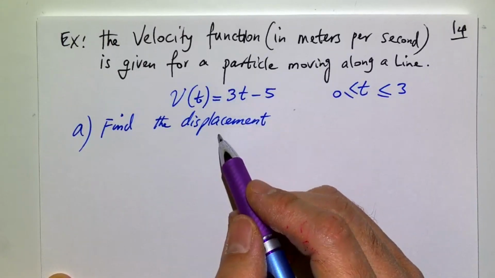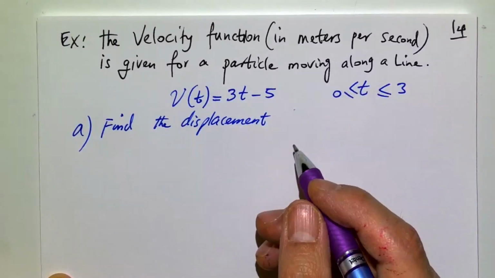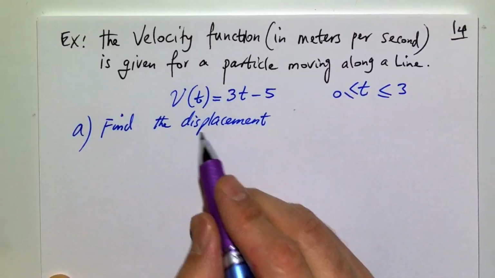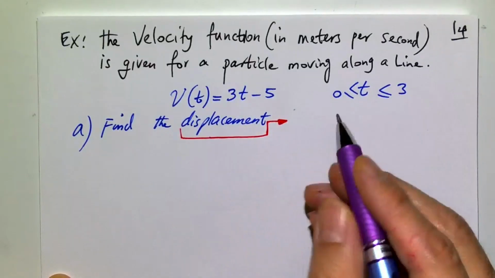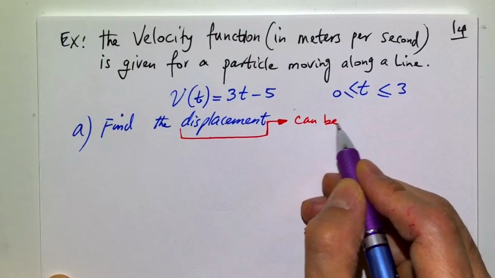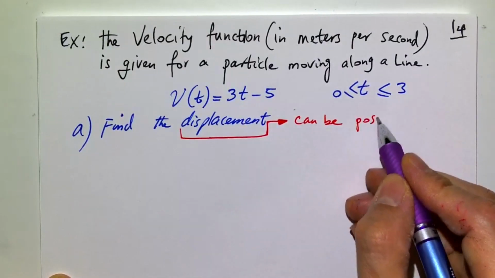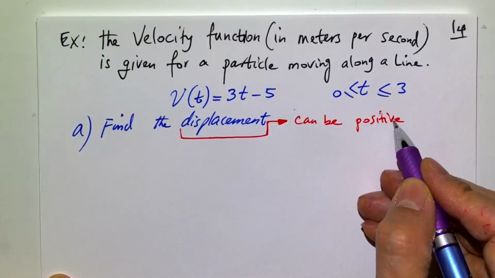But displacement, because it's a vector, can be either positive or negative. So let me just make a note of that. Displacement can be positive or negative. But distance is always positive.